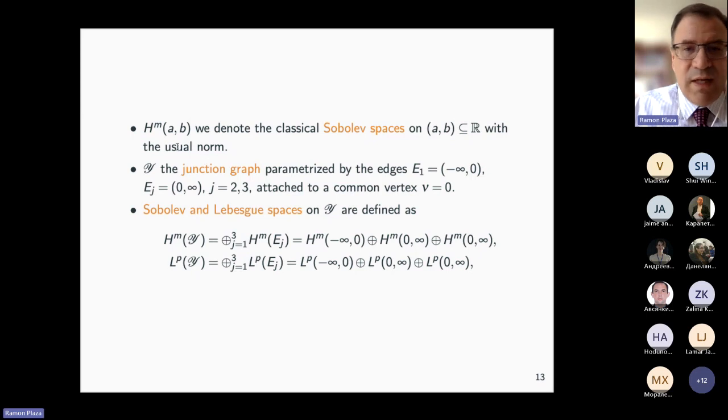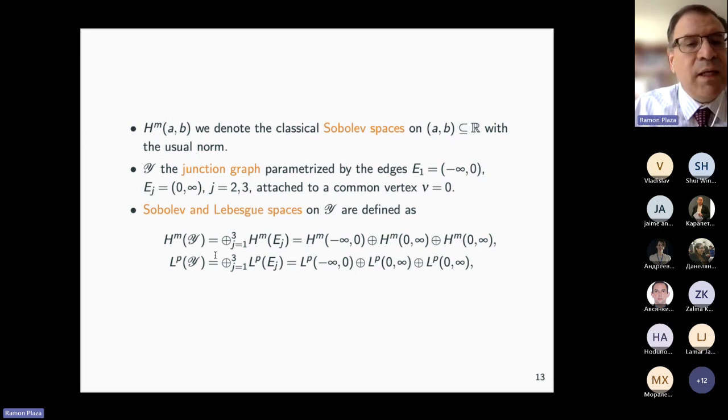HM will denote classical Sobolev spaces on a one-dimensional domain. In the case of a junction graph of Y type, we are going to parameterize the edges. We have to define the energy spaces as the direct sum of the Sobolev spaces on each ray.